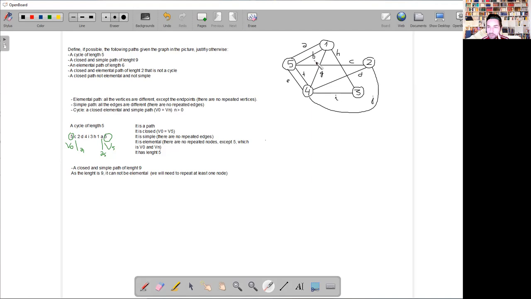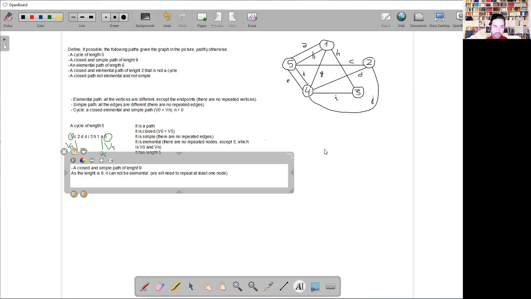We have 1, 2, 3, 4, 5, 6, 7, 8, 9, 10. So we have more than 9 edges, so we should be able to do it, and we have no isolated nodes. We will need to repeat at least one node. So for instance, we can start by 5 again.